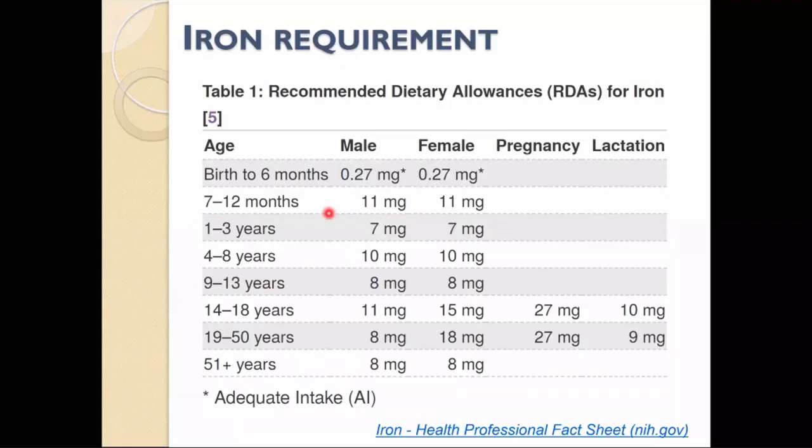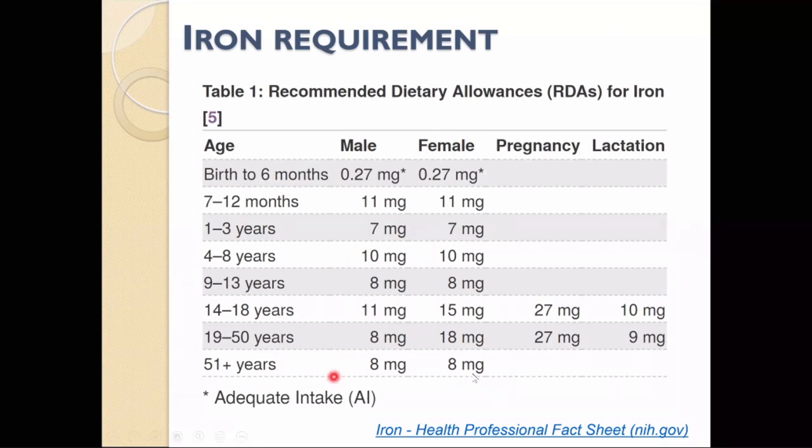Right. So coming on to the daily requirement and the recommended dietary allowances, in an average adult who's non-pregnant, from 18 to 50, it's about 8 milligrams for a male and 18 milligrams for a female because of menstruation.